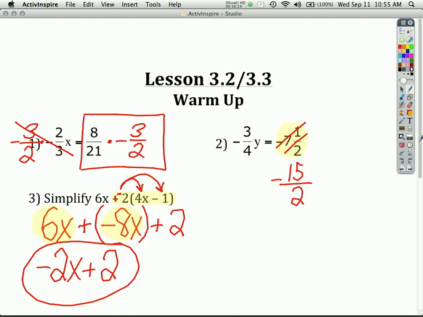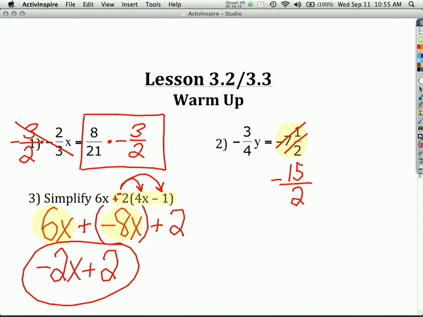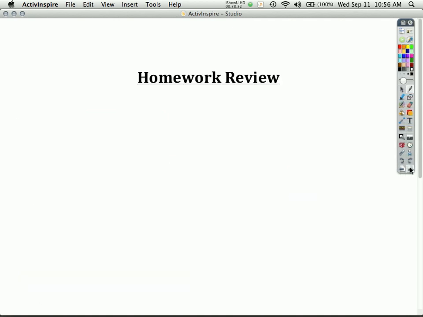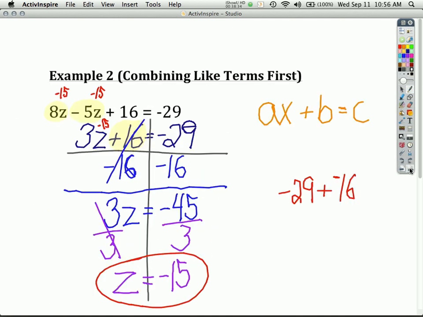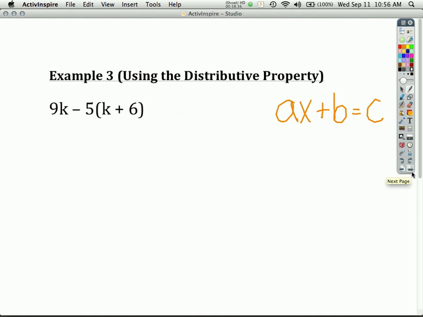Does that not look almost exactly like question number 3? It does. My warm-ups are always reviews of concepts you already learned, so you were supposed to already know how to do this. Even though we've shown that we did struggle with it, you're supposed to know how to deal with that. So now I'm asking you to apply that idea to solve an equation.